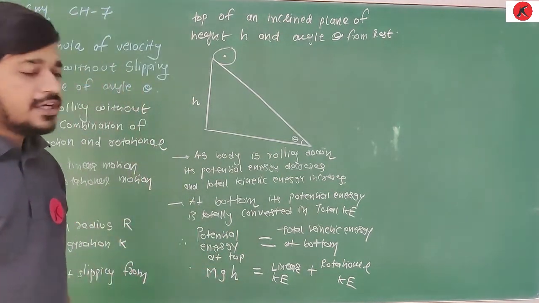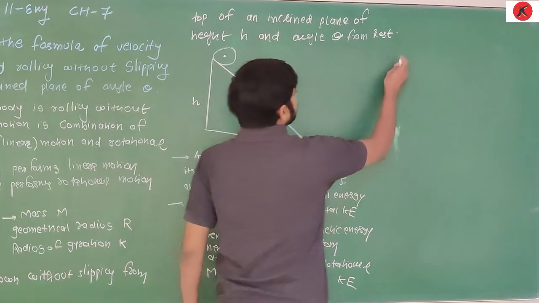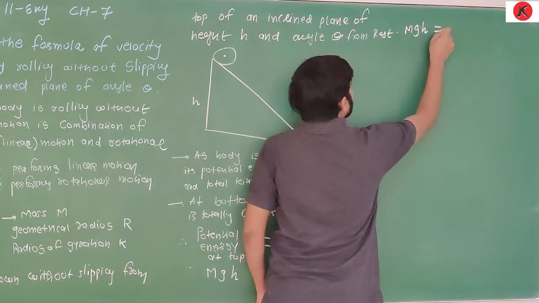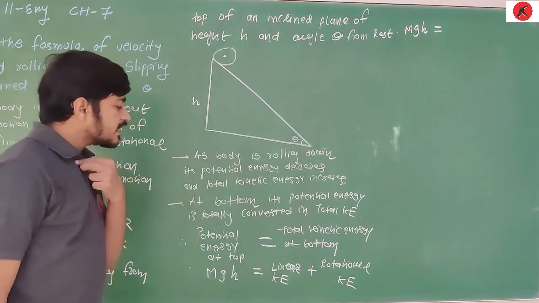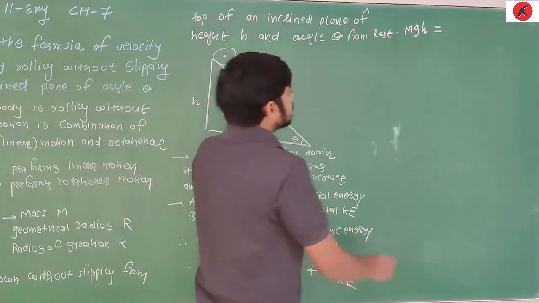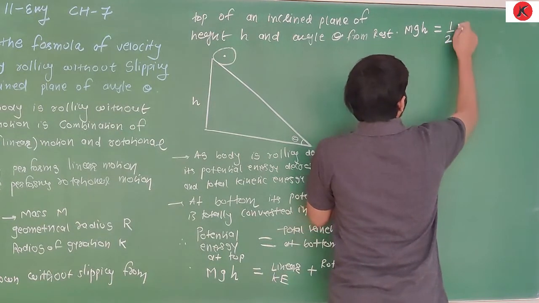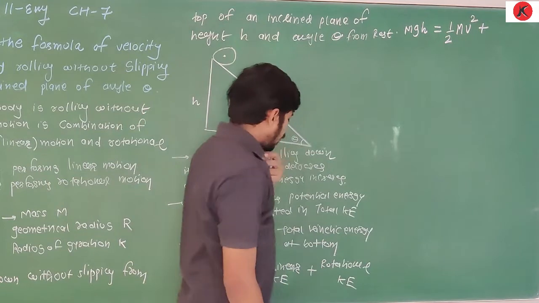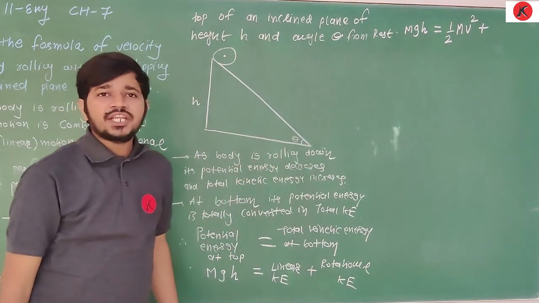So mgh is equal to linear kinetic energy. Its equation is half mv square, plus rotational kinetic energy.